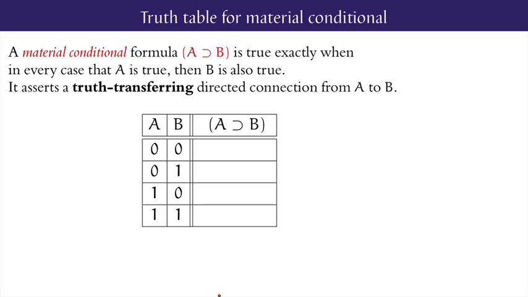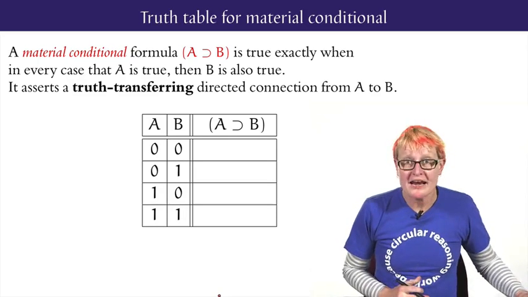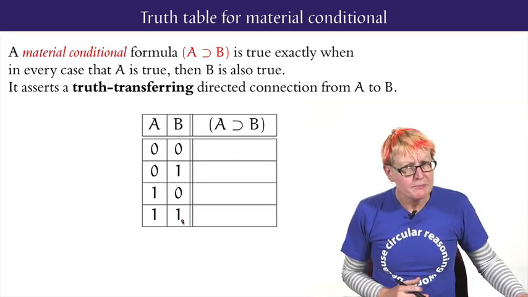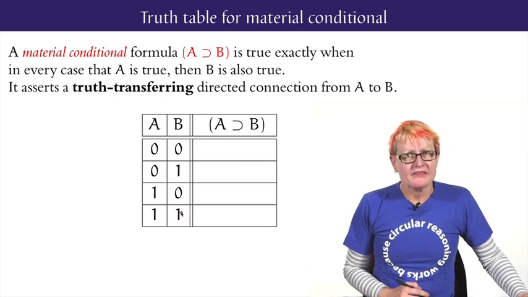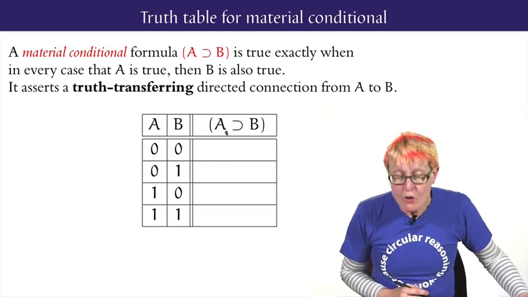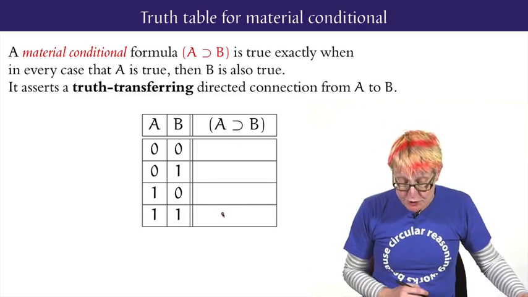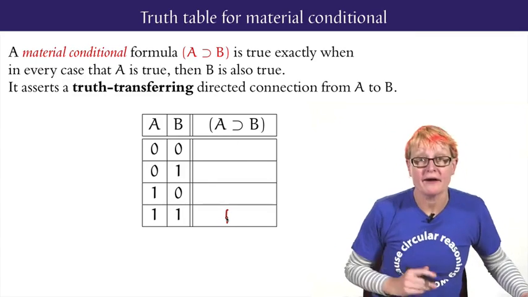We'll start in the fourth row of the table, when A is true and B is also true. Here, it is clear that the conditional A horseshoe B must be true, and we write 1.